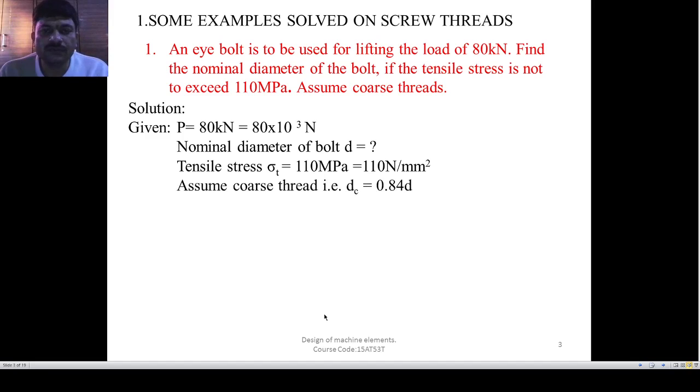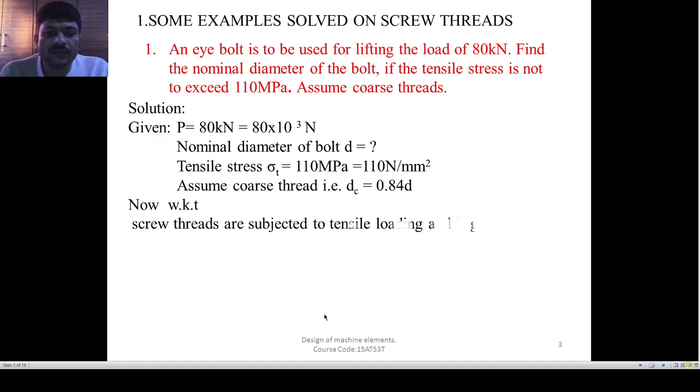In the previous session we discussed that bolts are designed by considering the tensile load. Screw threads subjected to tensile loading are given by P equal to pi by 4 dc square into sigma t. So substitute the values.